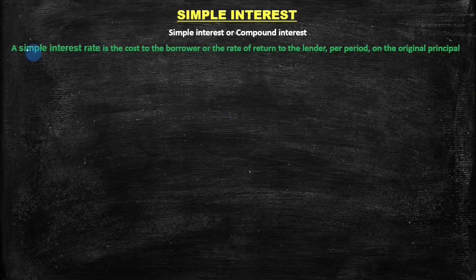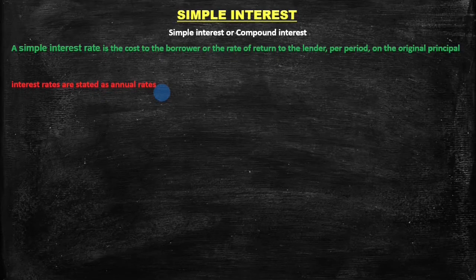A simple interest is the cost to the borrower or the rate of return to the lender, depending on how you look at it, per period on the original principal. And you should know that conventionally, interest rates are stated as annual rates.